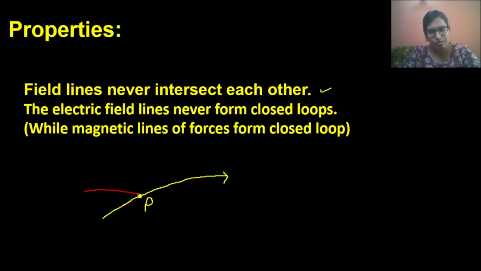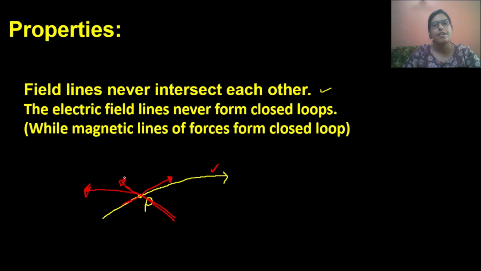Now the electric field direction at point P will be along the tangent to the electric field line. So here will be a tangent in this direction also. This is the tangent to this line, and there will be a tangent to this line also.